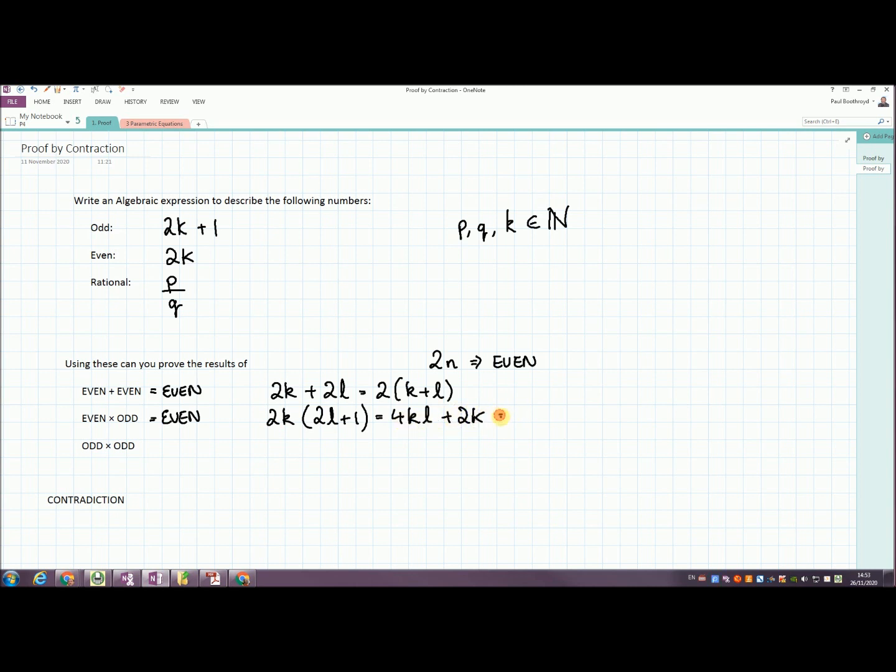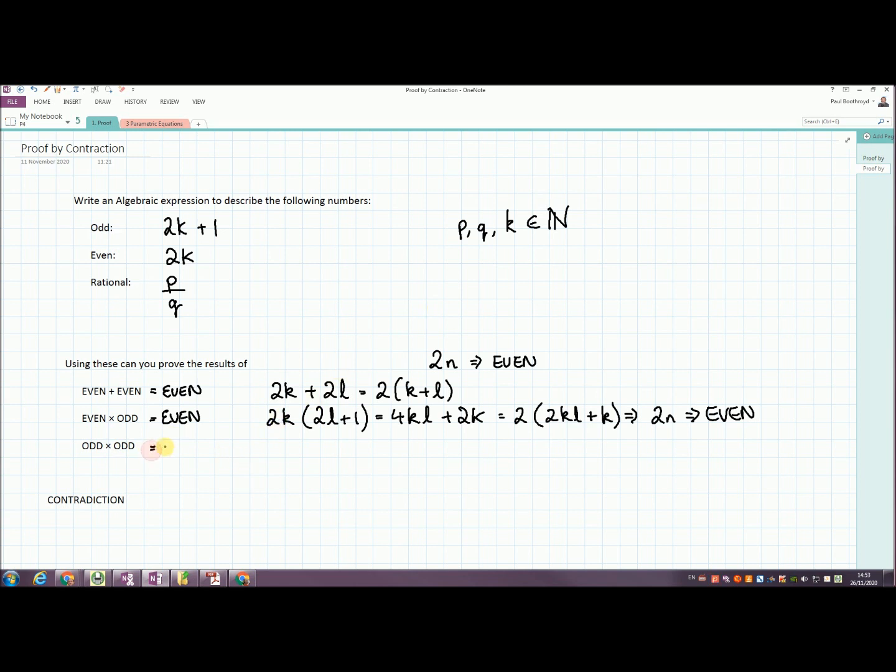And again, I can factorise out a 2 to give me 2(2kl plus k). And all of this is an integer, so this is in the form of 2n, so it's an even number. Okay, so that's provable that they are even.